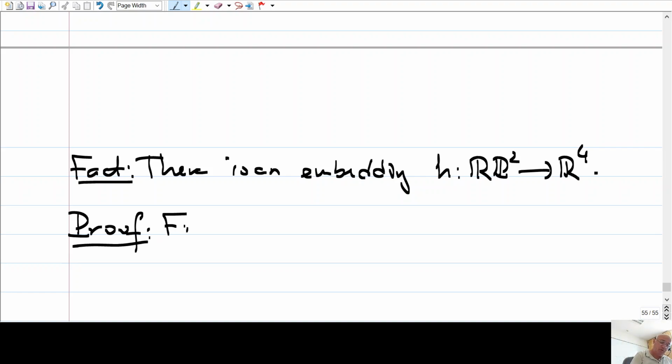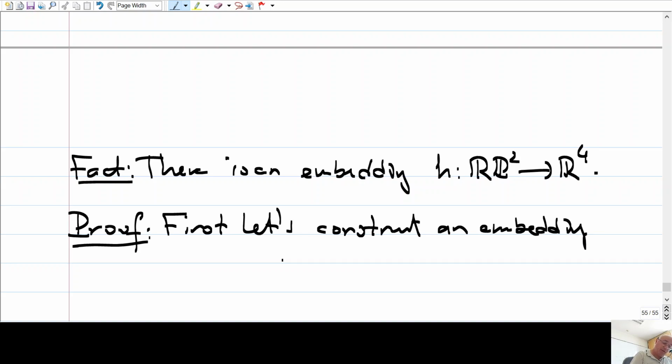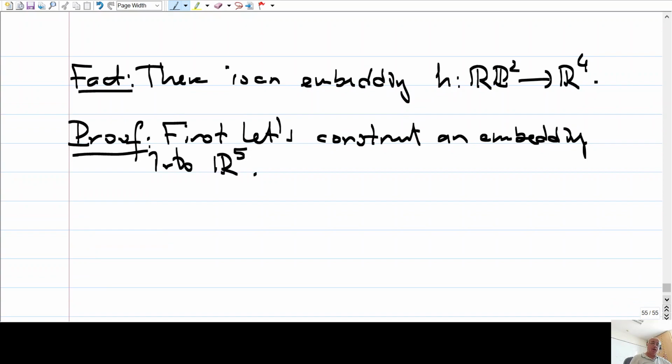First, let us construct an embedding into R5. How can we do this? Well, we will do it this way. So you see, I have S2 here, right?